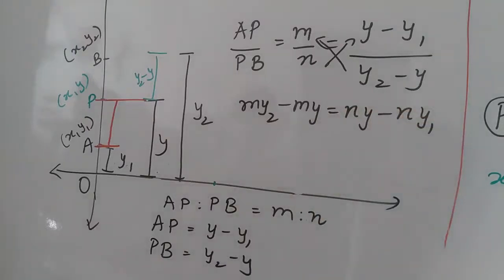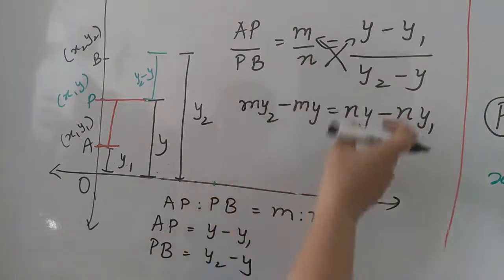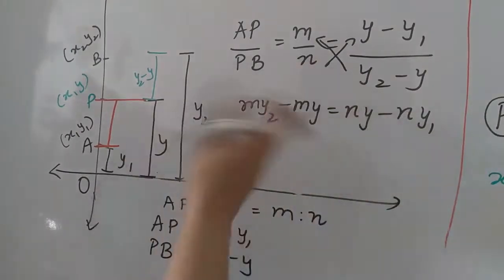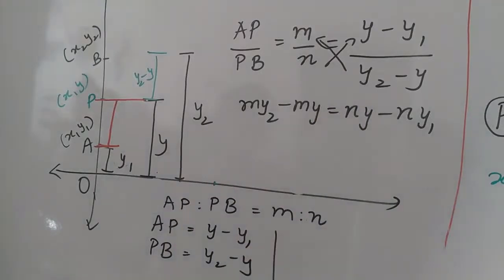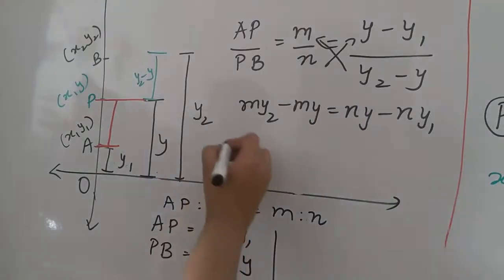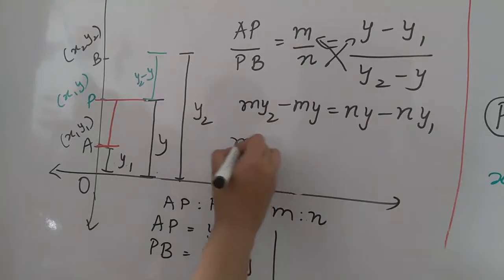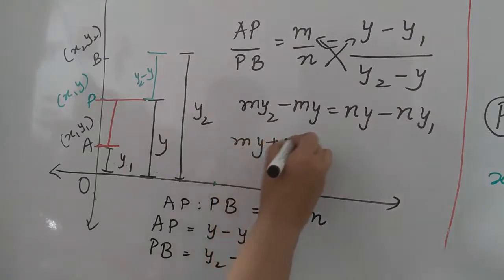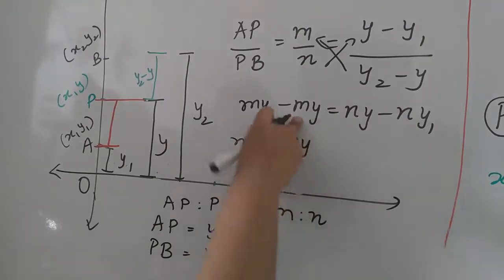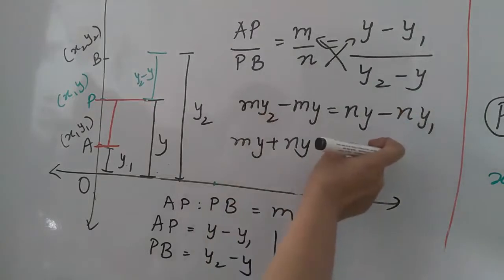Now I take all the m values together and all the y values together. So here I am writing my plus ny, I am taking this minus on this side, so it becomes positive.